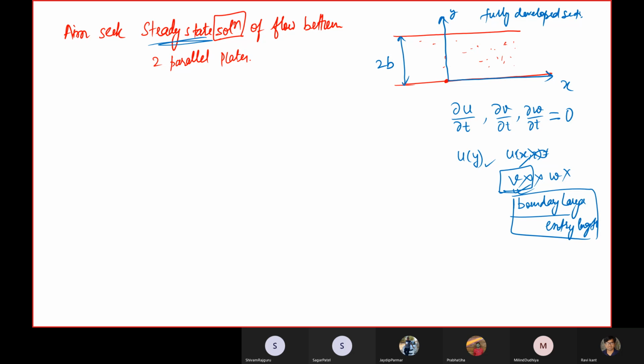So let me start with our Navier Stokes equation and let me write it again.